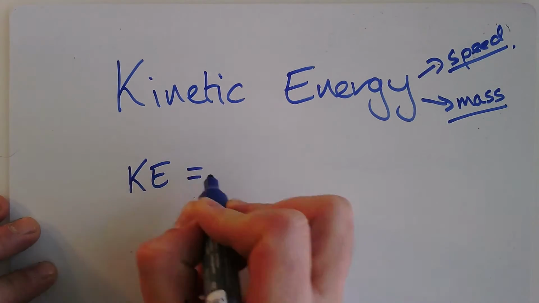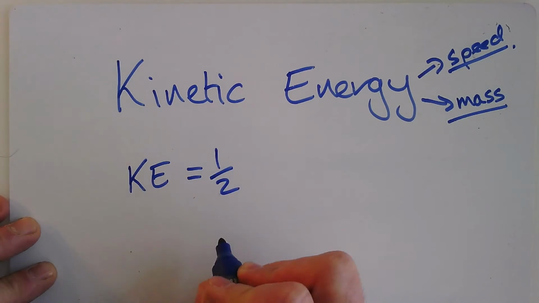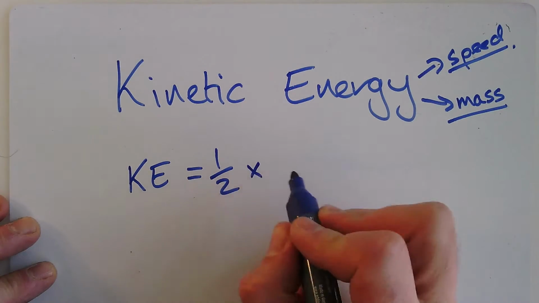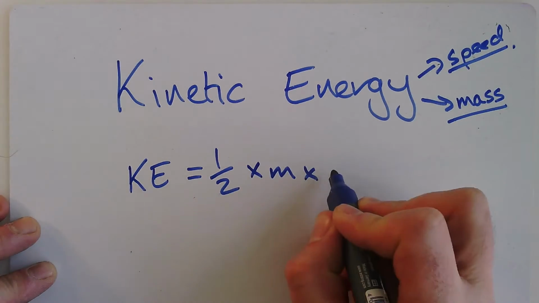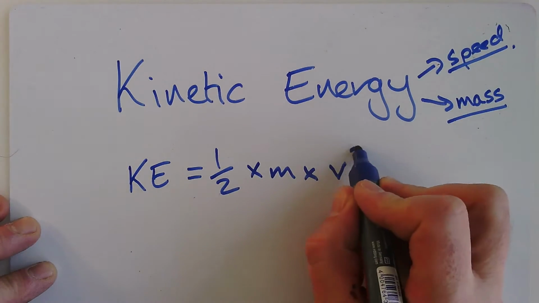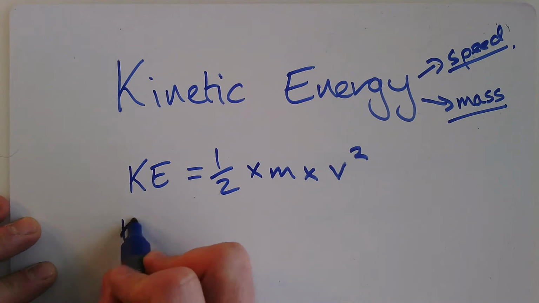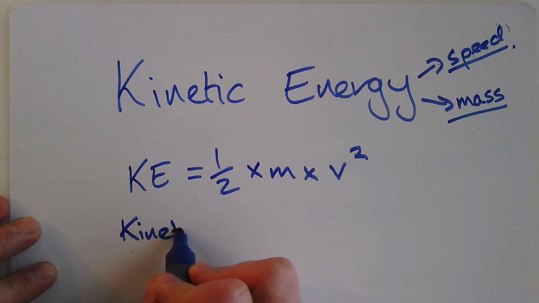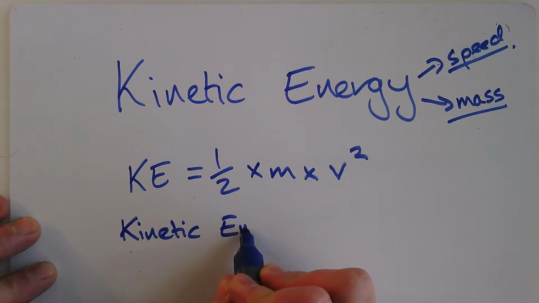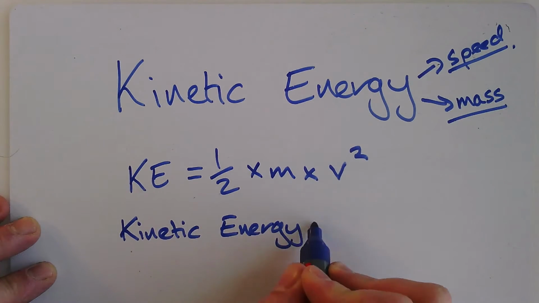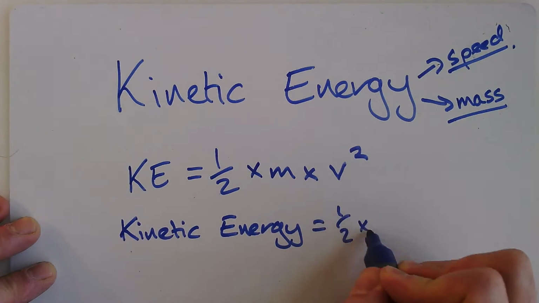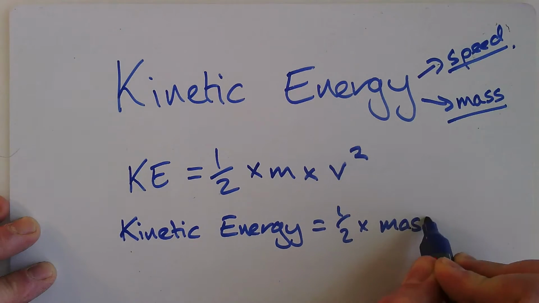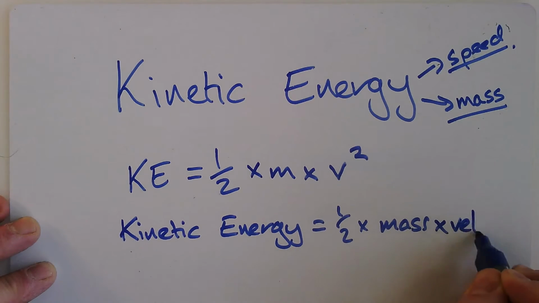I'll write it as letters first. So that kinetic energy is equal to 1/2 times the mass. Now actually we use velocity and we square it here. So I'll write this out as words and then I'll talk about this more. Kinetic energy is equal to 1/2 times mass times velocity squared.